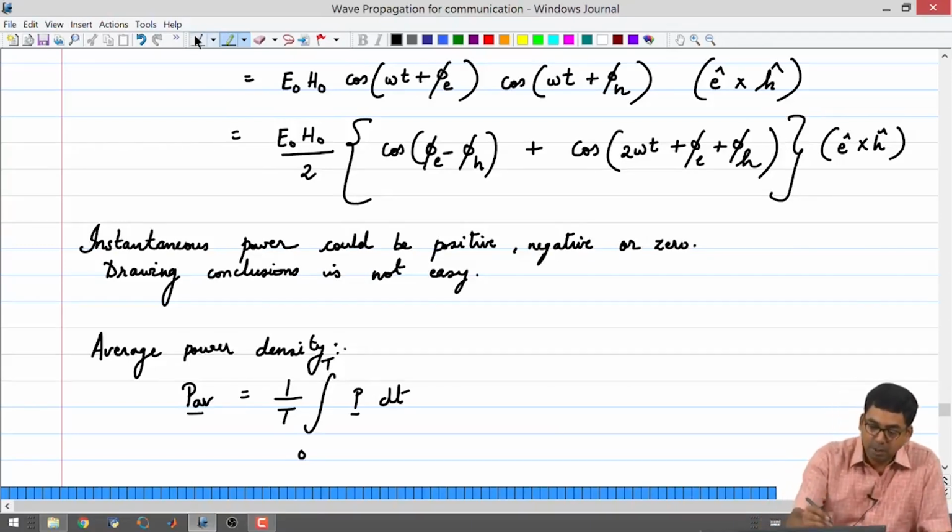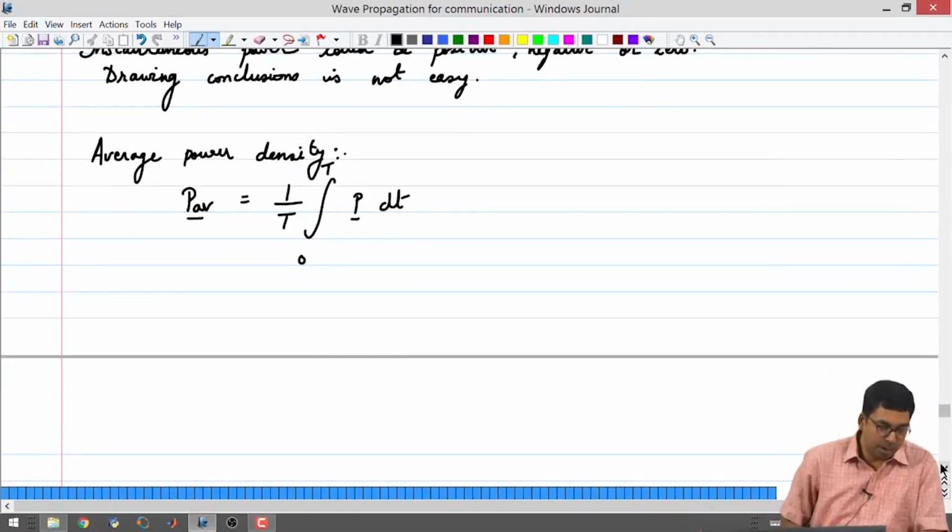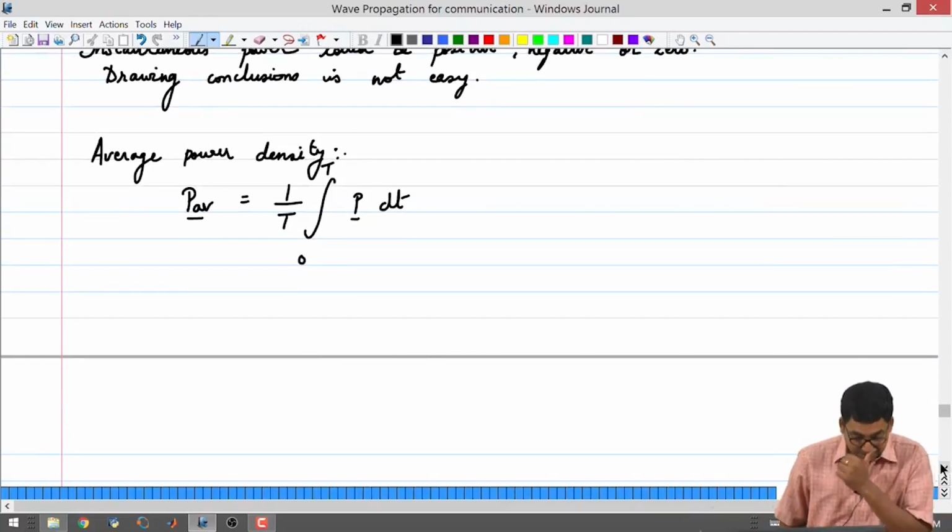So, I will write down the expression. So, this is 1 by T integral P dt.